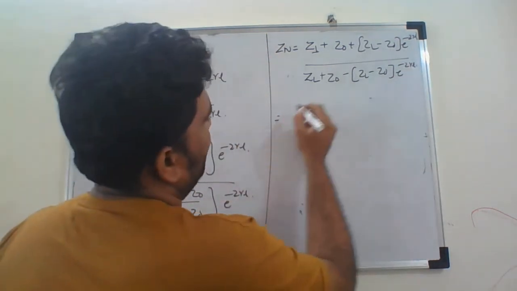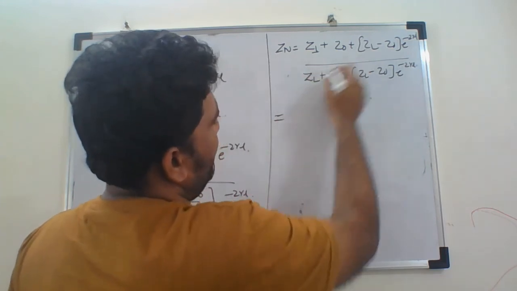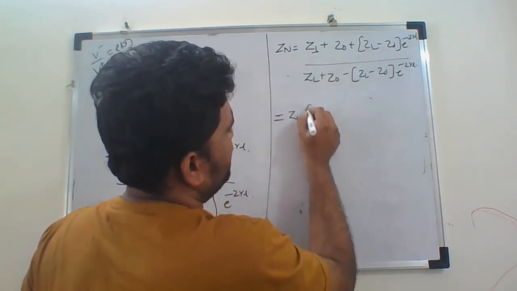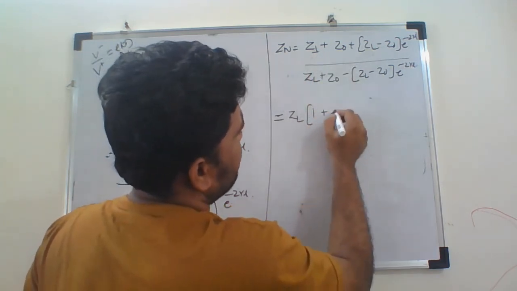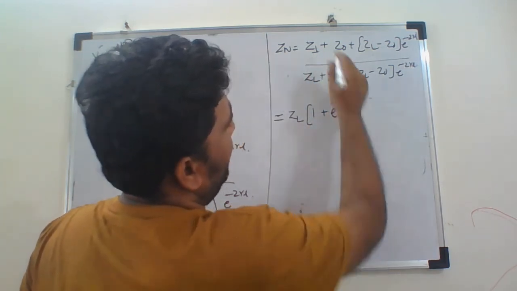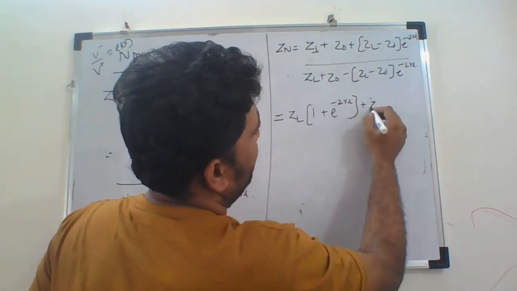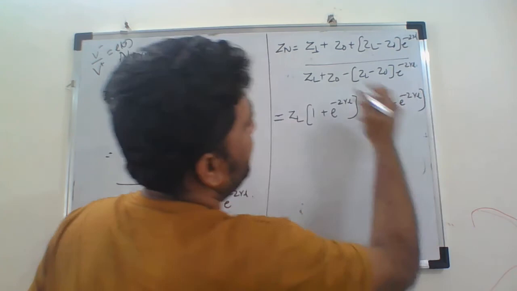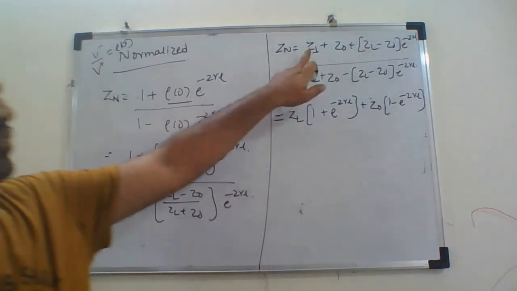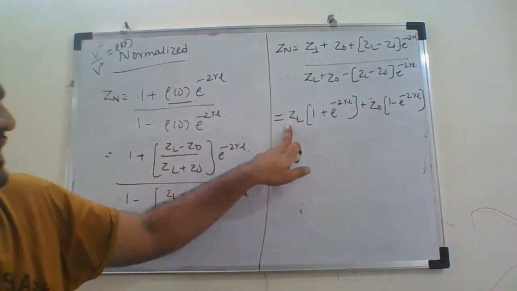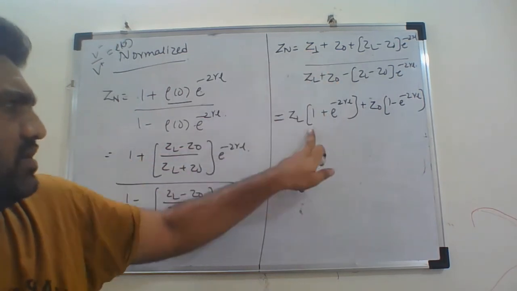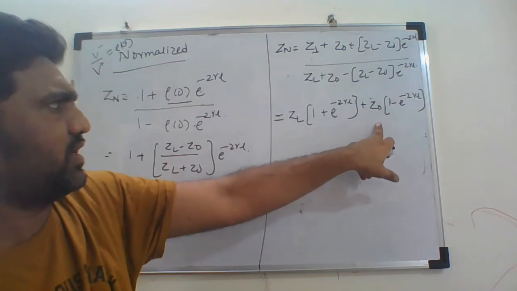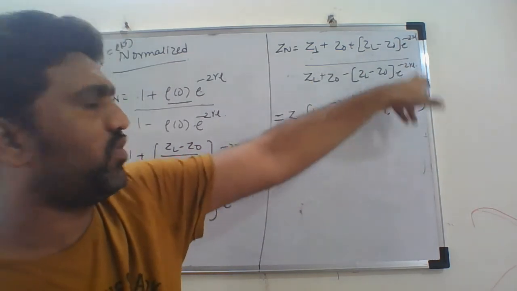So from this, in the numerator, if I take the ZL terms common, 1 plus e power minus 2 gamma L, and Z naught terms common, 1 minus e power minus 2 gamma L. In the numerator I am taking the ZL terms common, here it is 1, here it is e power minus 2 gamma L, and similarly Z naught terms common, 1 minus e power minus 2 gamma L.